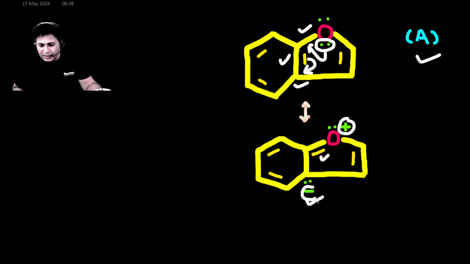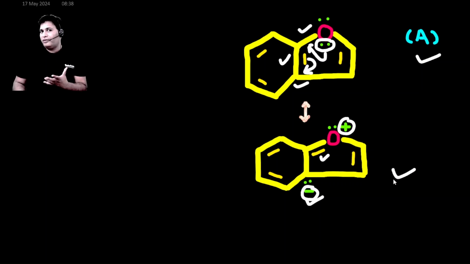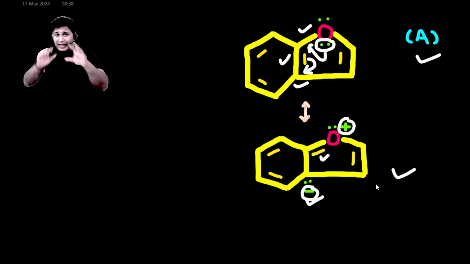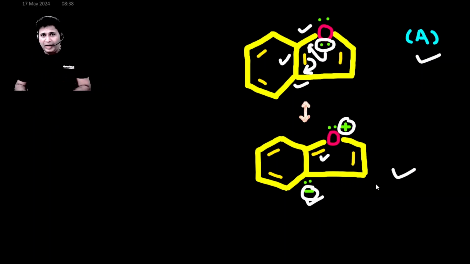So from this resonating structure, can you see there is the appearance of one more cycle? Let me make you realize what that cycle looks like. You should see the cycle as the periphery made by the peripheral atoms.